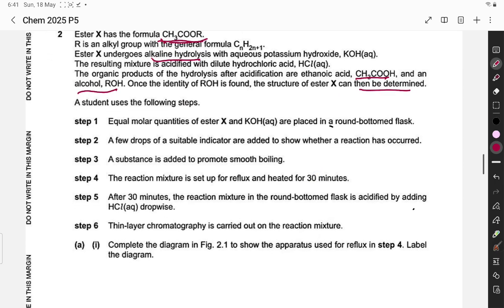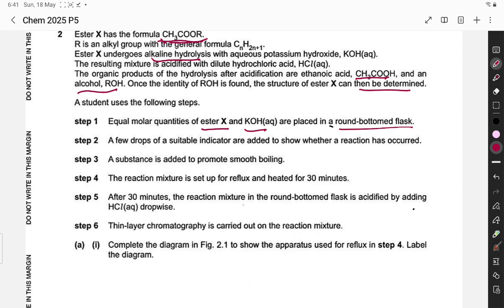A student uses the following steps. Equal molar quantities of ester X and KOH are placed in the round bottom flask. A few drops of suitable indicator are added to show whether a reaction has occurred. A substance is added to promote smooth boiling. The reaction mixture is set up for reflux and heated for 30 minutes.